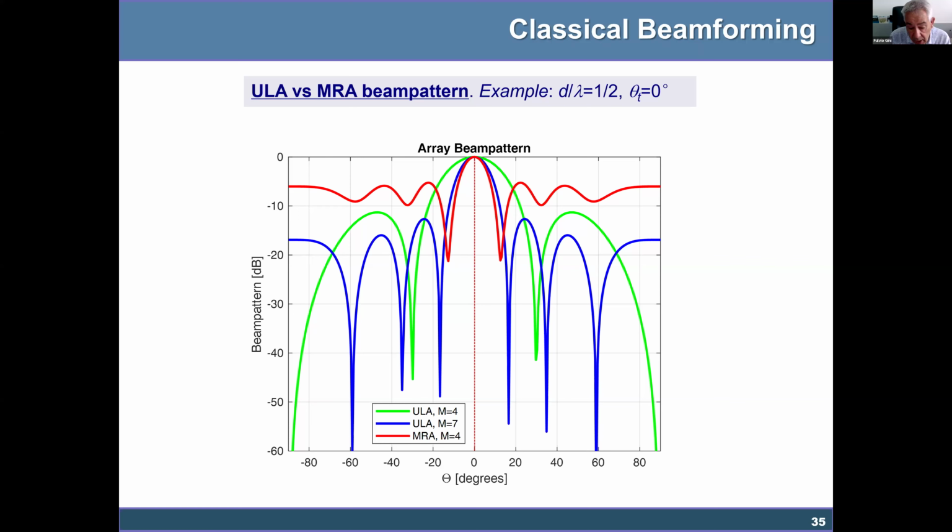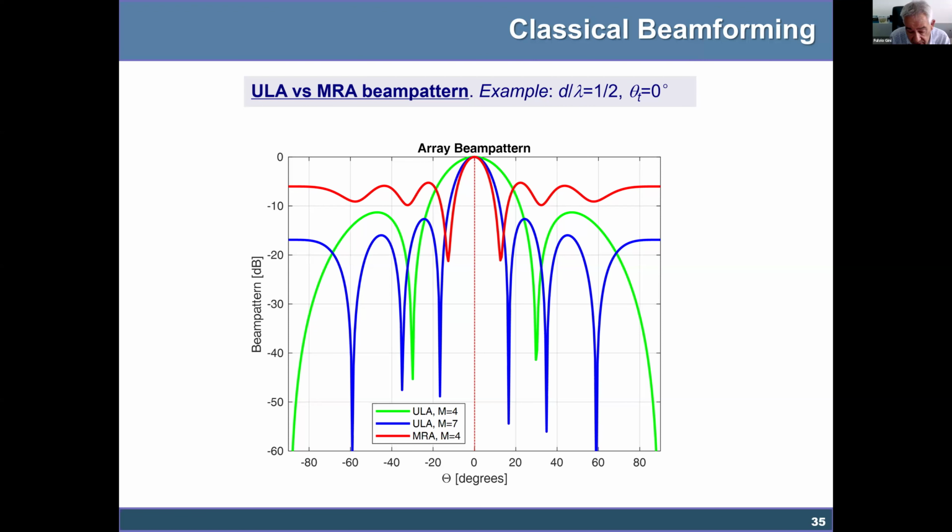The way that you build the sparse array using the minimum redundancy concept is not necessarily the best approach to keep the side lobes low. There are other methods, mostly optimization methods, that allow you to decide which sensors to remove from the ULA in order to maintain the side lobes below a certain level.